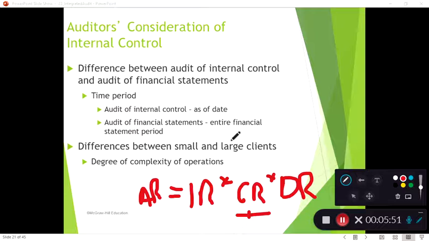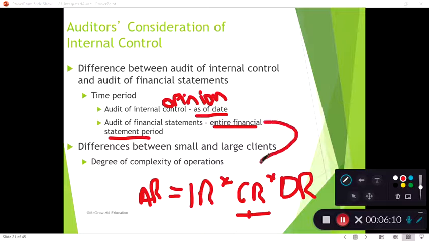So there's a couple differences. One is the time period we're looking at. If we're talking about the opinion, right, the audit control opinion, it's as of a certain date. Okay? If we're talking about the financial statements, right, it's the entire financial statement period. So that's this part right here. Okay?